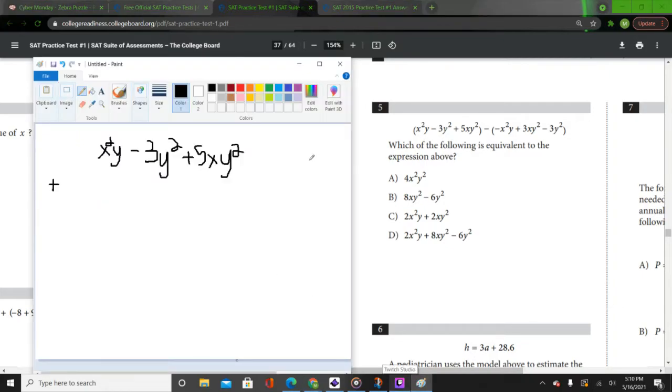But first, we have plus x squared y. I'm going to divide these in such a way that we can see them better, because we should expect a 3-term answer based on this.